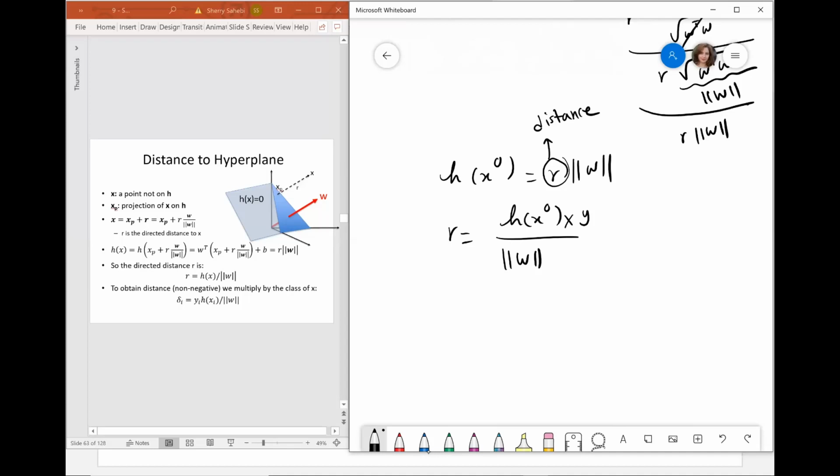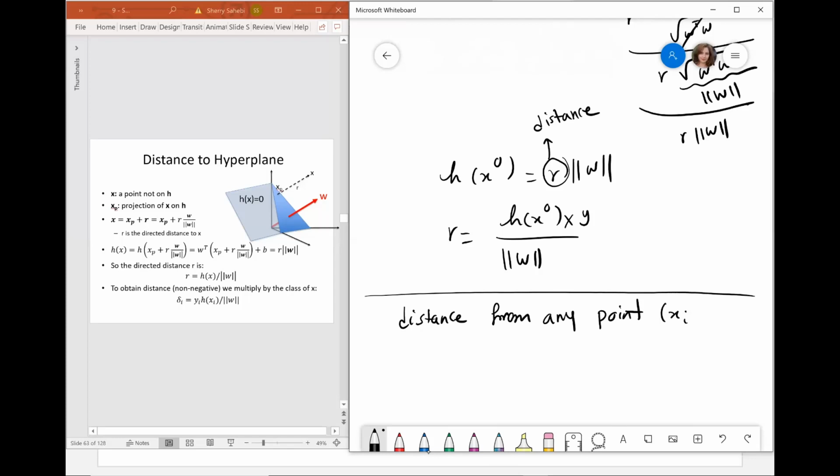Okay, so far we have learned that we can calculate the distance from any point, for example xi, to the separating line.